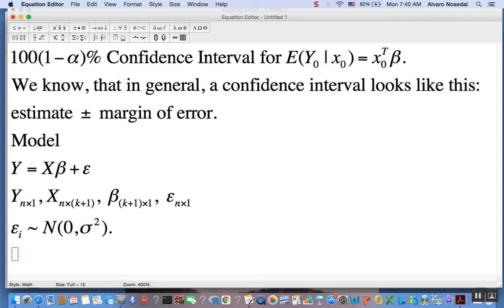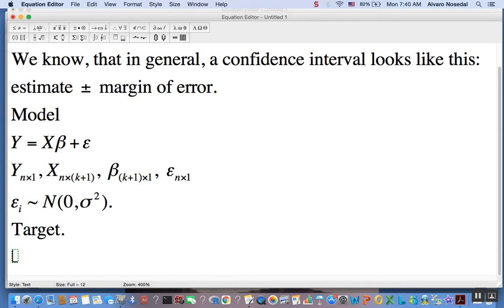Okay, so now what's next? We were saying we would like to derive an expression for the confidence interval of the expected value, right? So let's talk about our target. Target is this. We want the expected value at a particular set of values x0.